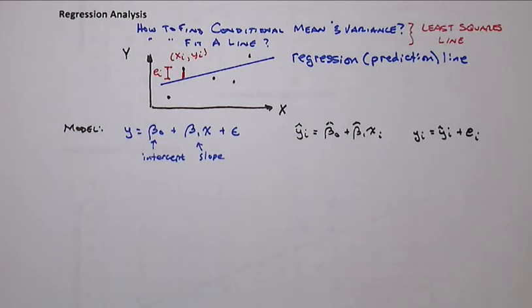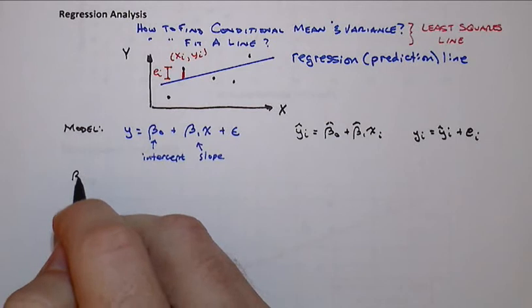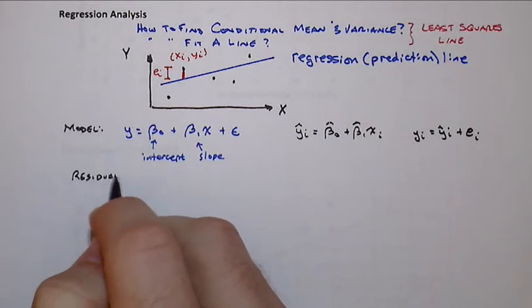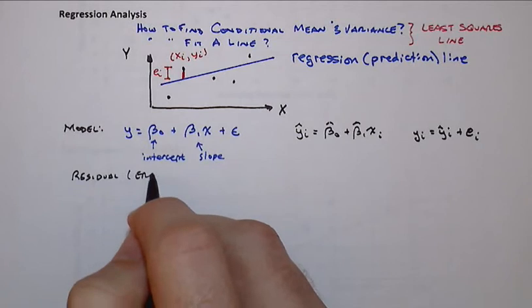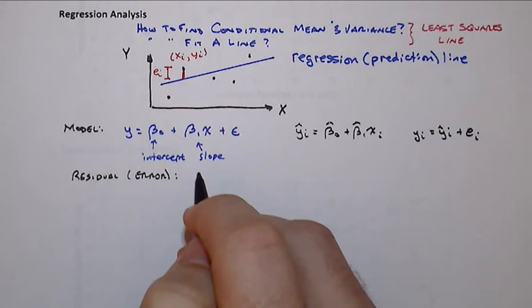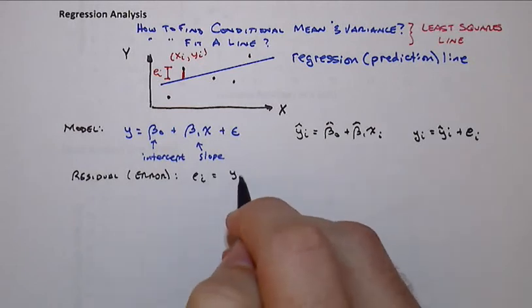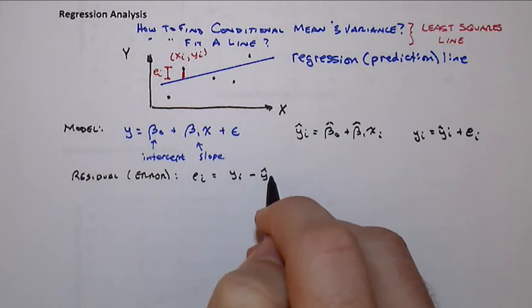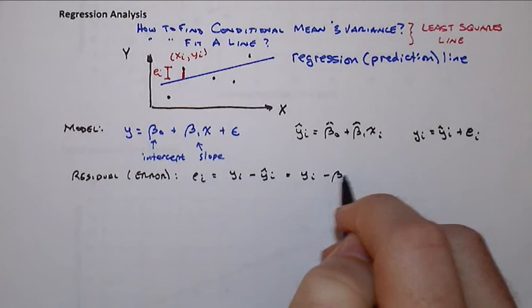Our residual is another name for this error, and I'm just going to rewrite it as our actual value minus our predicted value, and we can substitute in our expression up here.